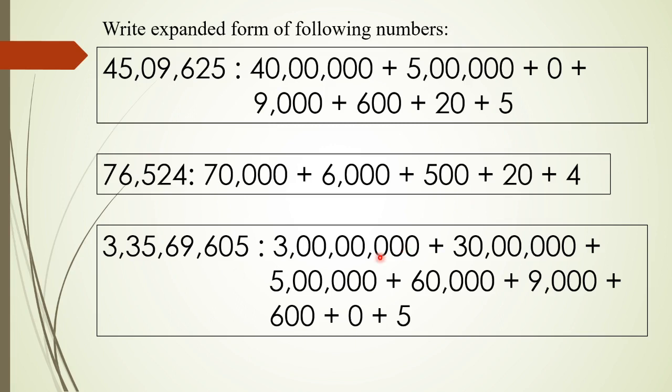Ones, tens, 100, thousand, 10,000, lakh, 10 lakh, and crore. So the place value of 3 is 3 crore. This is correct. Plus 30 lakh is also correct. 5 lakh, then 60,000 plus 9,000 plus 600 plus 0 plus 5. This is correct. Okay.